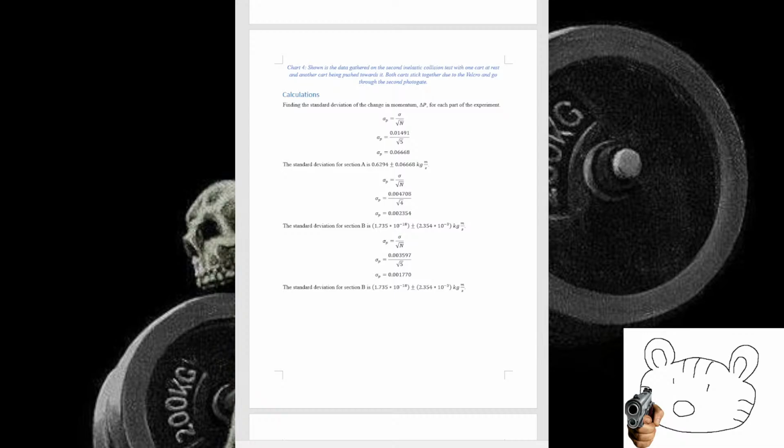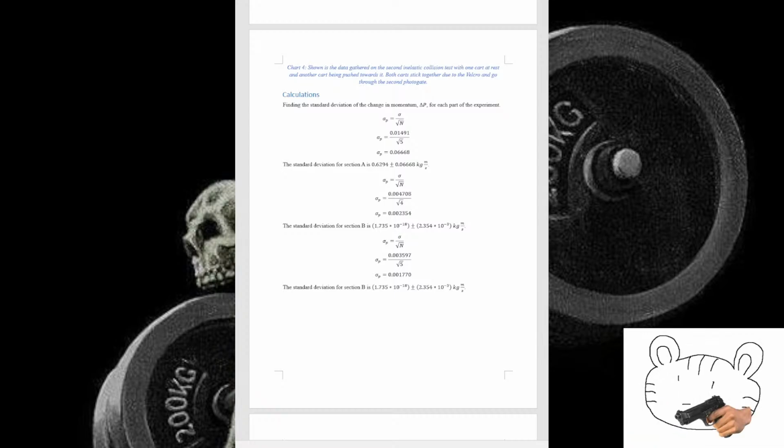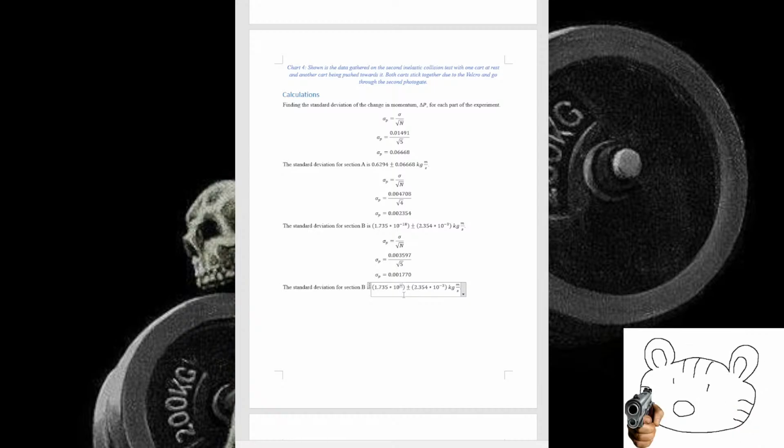And the mean of that is 0.003880, so also negative 3.